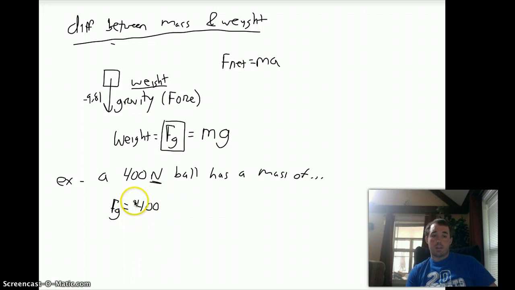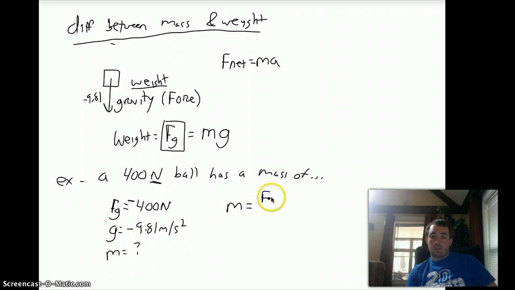And really it should be negative because it's going down, so negative 400 newtons, because the pull of gravity is down. You still need to pay attention to those directions. Otherwise you'll get a negative mass, and that doesn't make sense. Our acceleration is negative 9.81 meters per second squared, and we're looking for our mass.